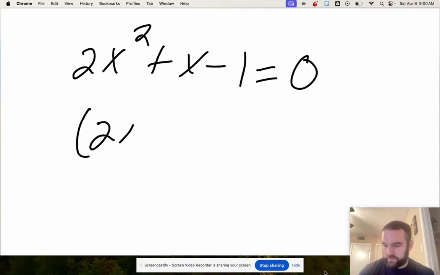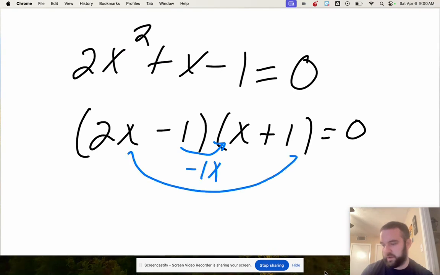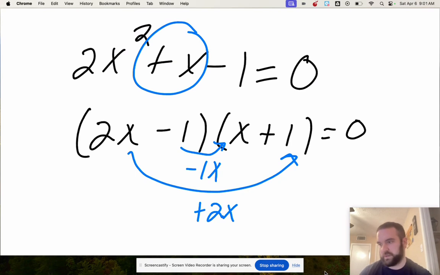Again, it's 2x and x. Positive and negative 1 is the only way to make negative 1. Positive 1, negative 1, because then I'll have negative 1x here and positive 2x here, and together they make positive 1. Okay, so we have the factored form.